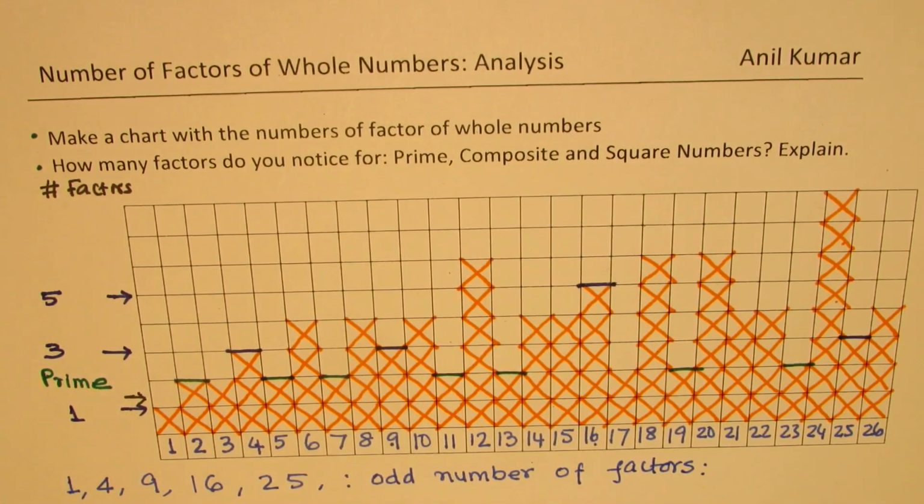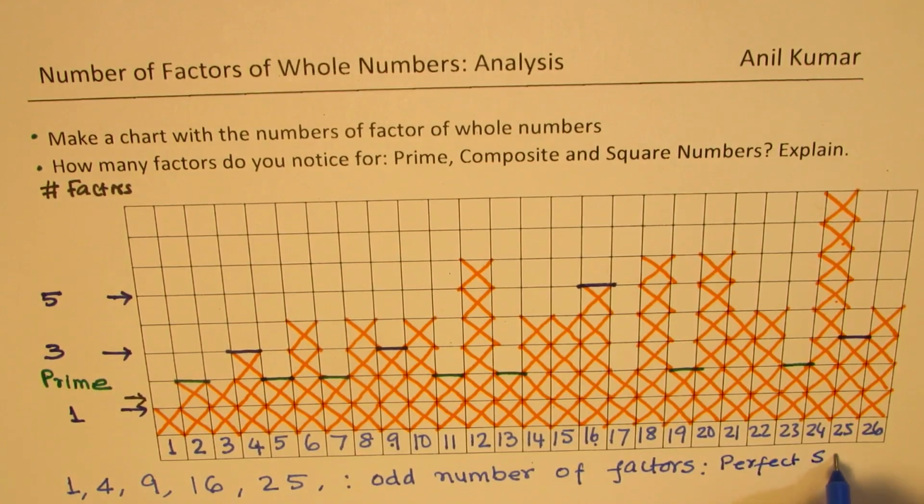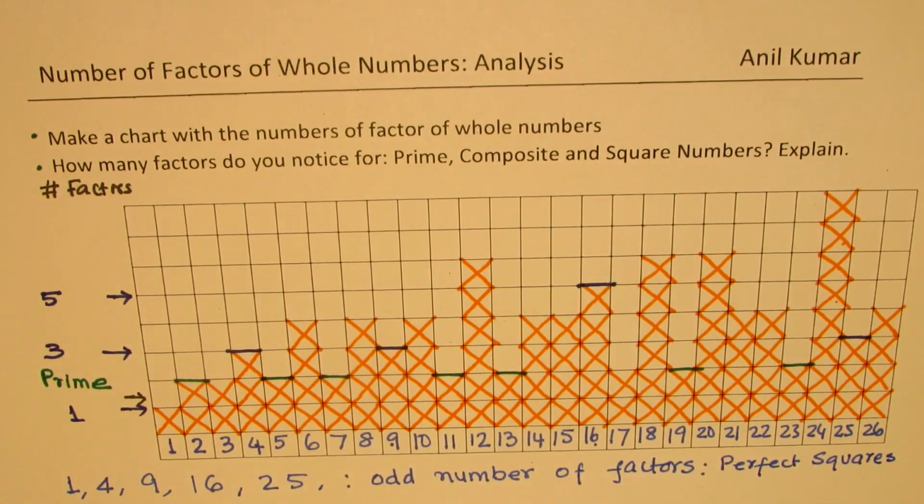And since they have an odd number of factors, we also see one more property here, that these are perfect squares. Can you tell me why? Why are they perfect squares? So we'll leave it for now. You think about it, right?